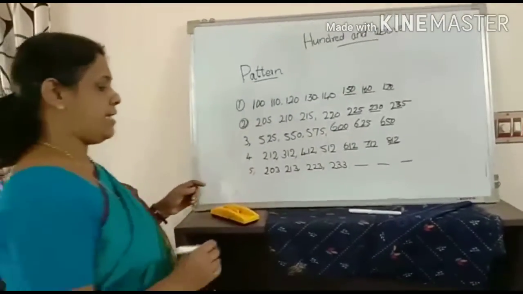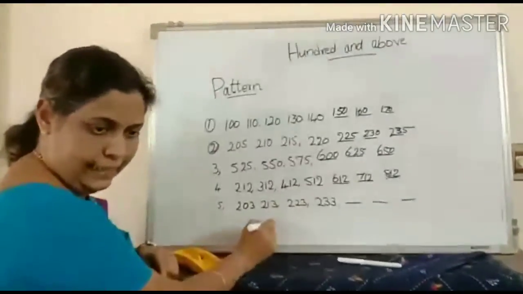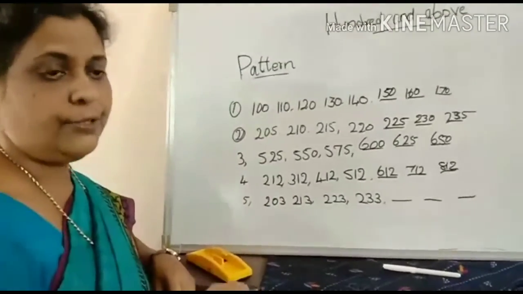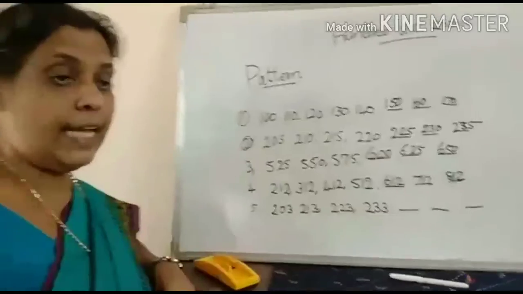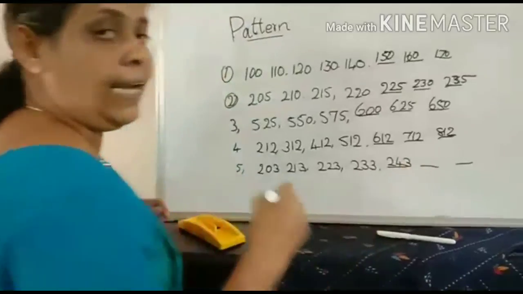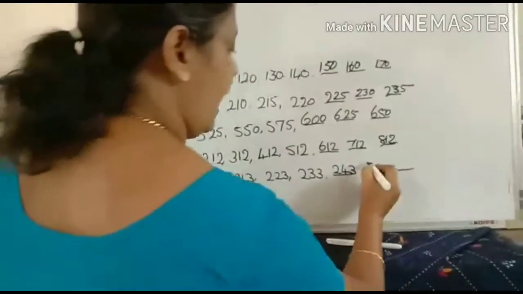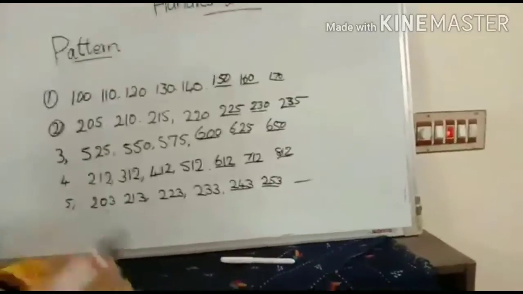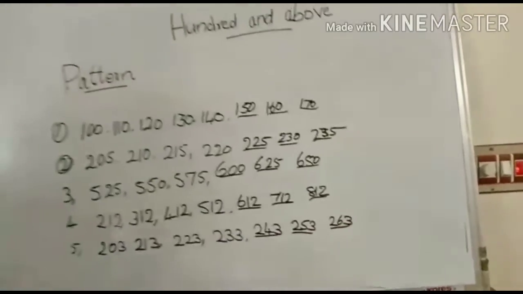So 203 plus 10 is equal to 213. 213 plus 10 is 223. 223 plus 10 is equal to 233. Then next, plus 10, 243. Then 243 plus 10, 253. Then the next one, 253 plus 10, 263. Do you understand?